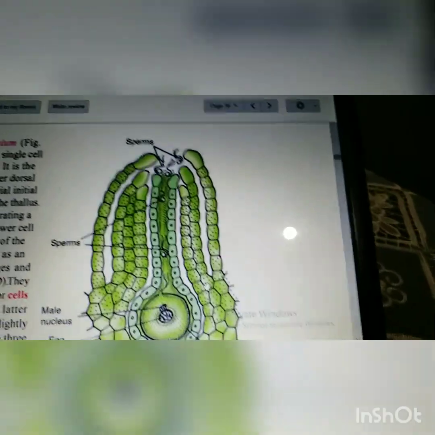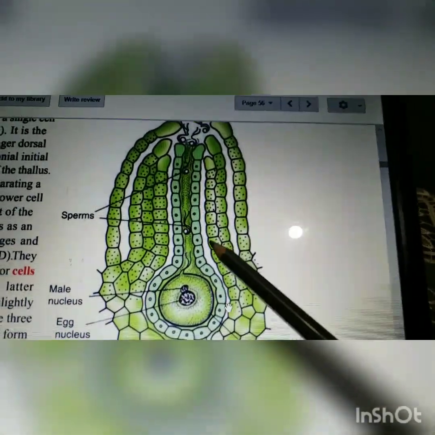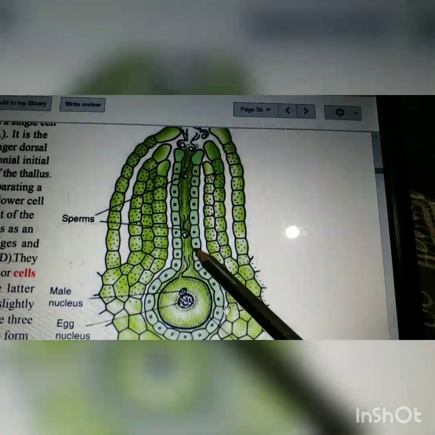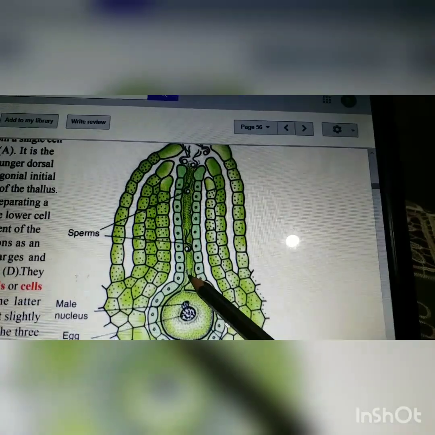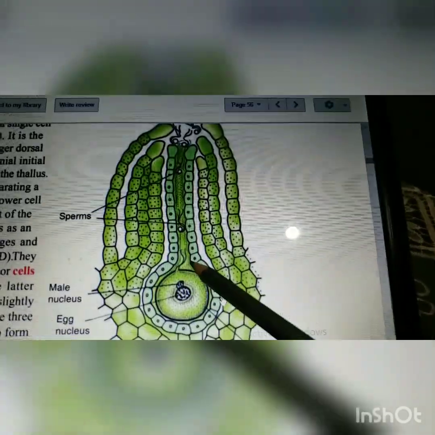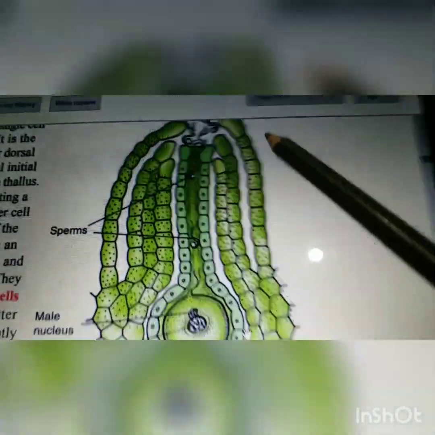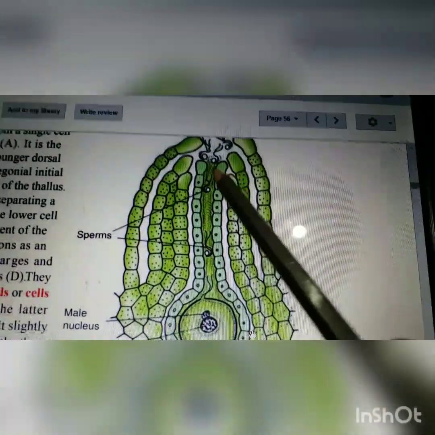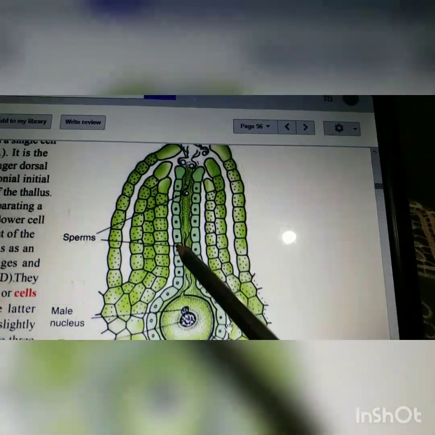So now what happens in fertilization? In fertilization, we have the neck canal cell and ventral canal cells, which act as a plug. They disintegrate and form a mucilage structure, and this mucilage structure imbibes water, and due to imbibition force, the upper cover cells separate, and the antherozoites are sucked inside.